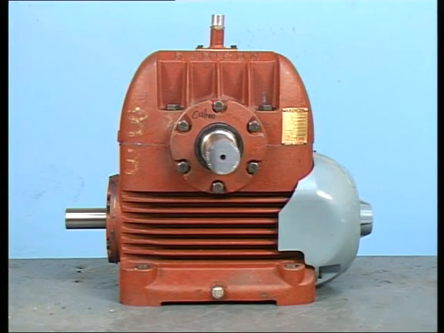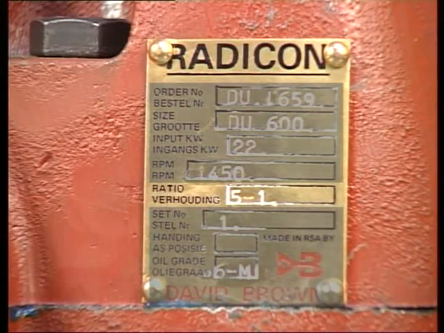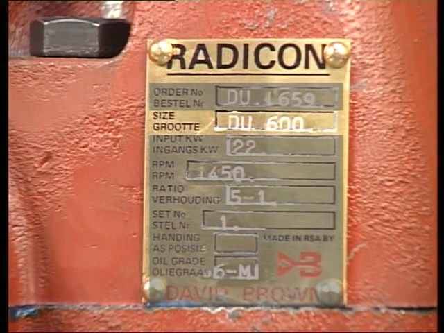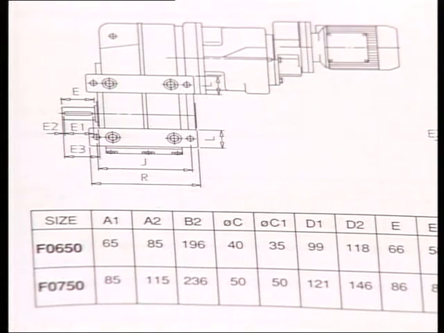Reducers are also described with their reduction factor, and this is given on each unit's specification plate. As we have already defined reduction, let's move on to the next descriptive term, namely size. Size is a little more difficult to explain owing to the different methods that are used by different manufacturers.